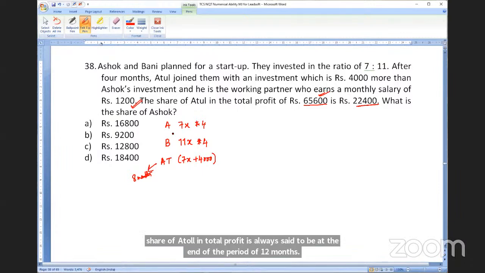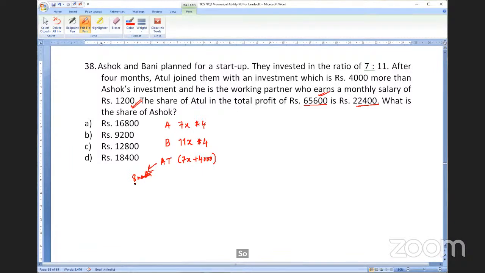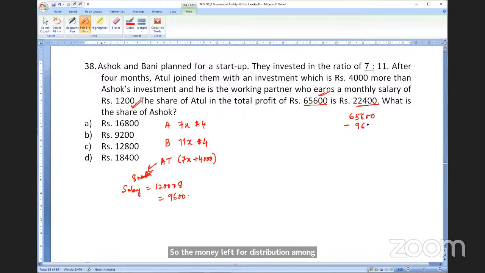So Atul, first of all, will earn 8 months' salary: 1200 into 8, that is 9600. So the money left for distribution among Ashok, Bani, and Atul is 65600 minus 9600, that is 56,000.